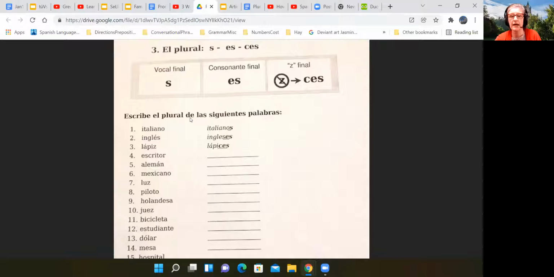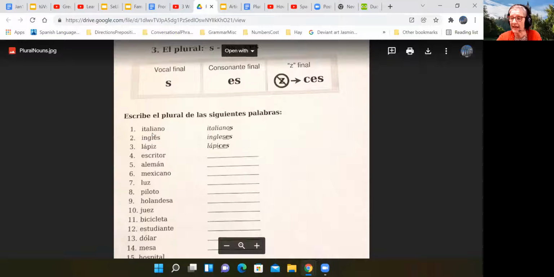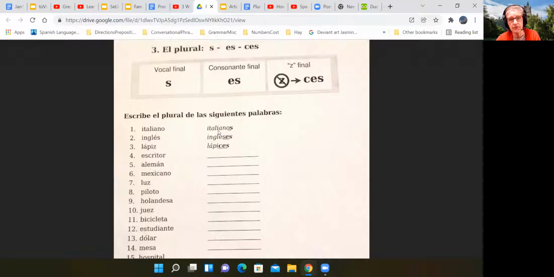The way we make a noun plural is pretty simple. We look at the last letter of the noun. If the last letter of the noun is a vowel, like italiano, Italian person, we add an S. Italiano becomes italianos.